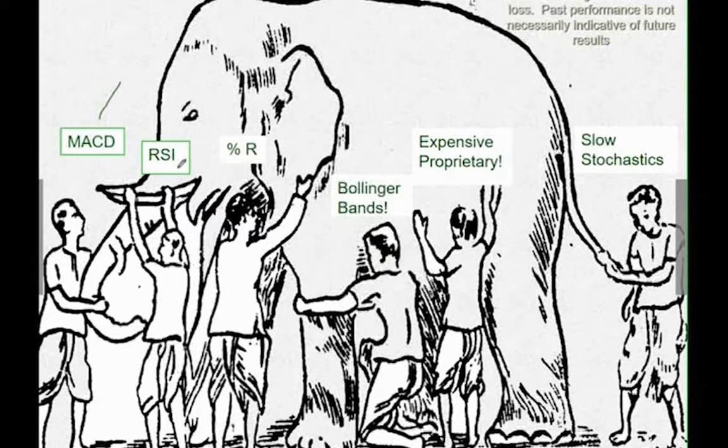And someone else says, "No, it's RSI." Someone says, "No, percent R." Someone says, "Bollinger Bands." Someone else says, "I know what's going on here. I've got the most expensive proprietary indicator. Gee, if it costs a lot of money, it must work, right?" The guy in the back says, "Well, you can't beat that slow stochastics." Okay. Everyone's going to perceive things differently, right?